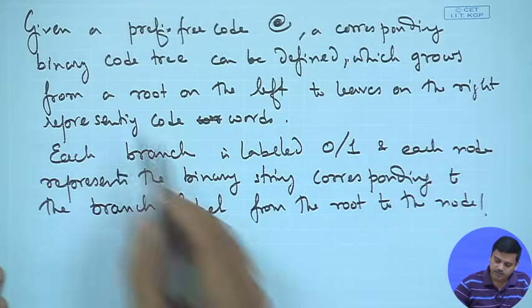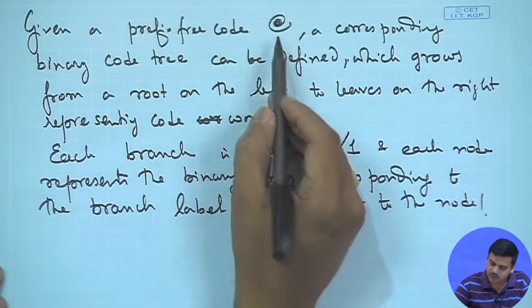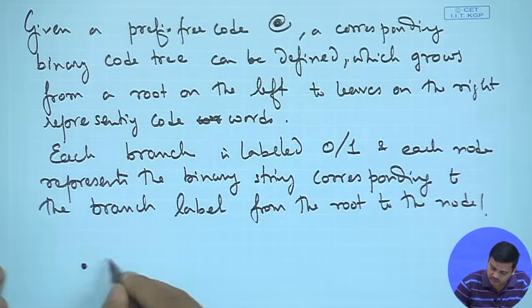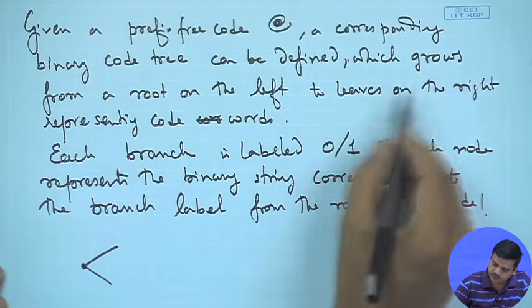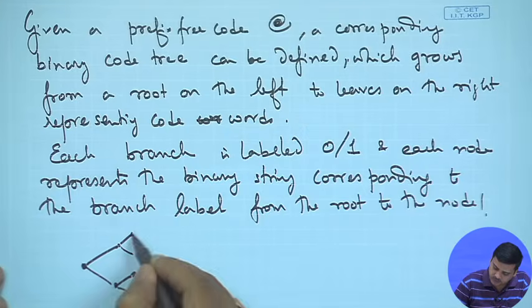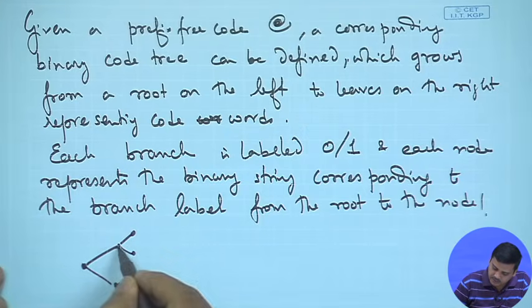So, if we read this, given a prefix free code C, a corresponding binary code tree can be defined which grows from a root on the left to leaves on the right, and these leaves form the code words.